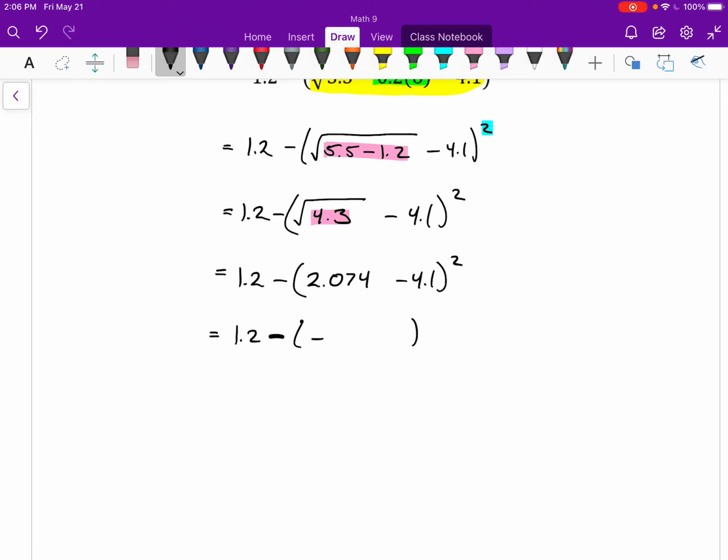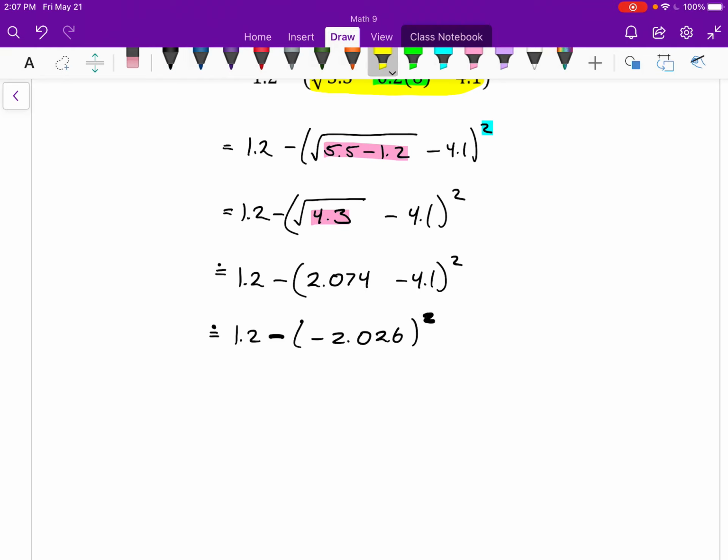So this is about negative 2.026. And if I want to be really picky, as soon as I went from this step to this step, I actually rounded. The square root of 4.3 is not exactly 2.074. So sometimes we can show that it's an approximation by putting a little dot over the equal sign. At this point, everything is an approximation, but everything there is being squared.